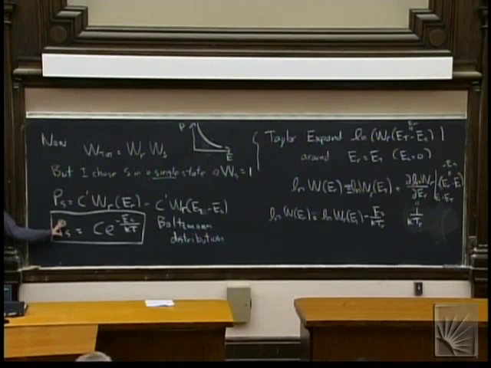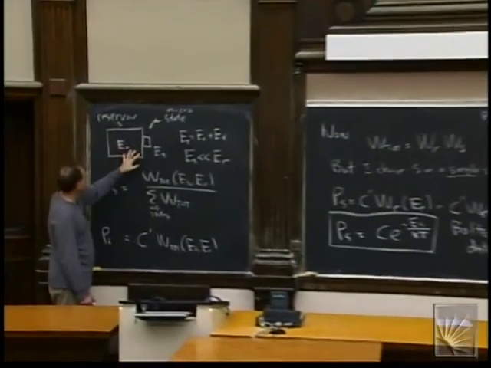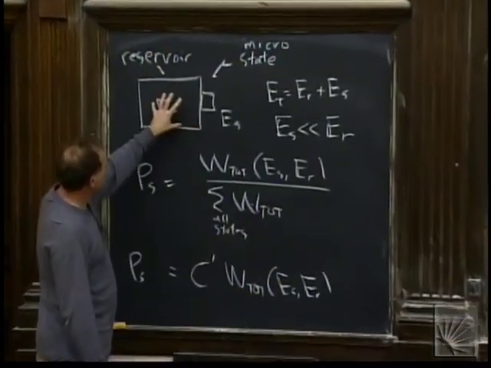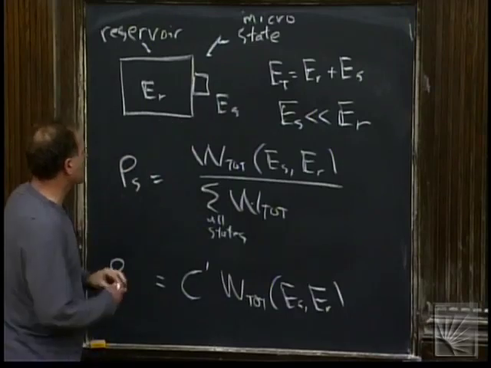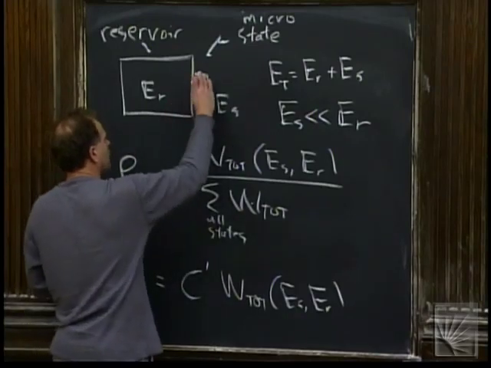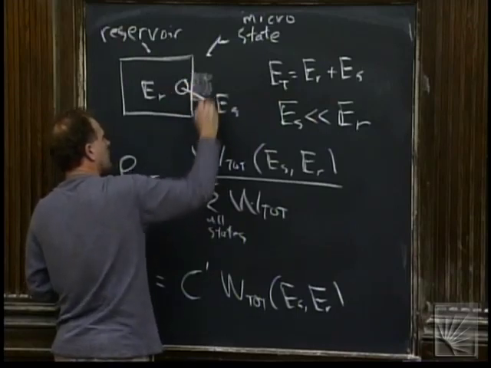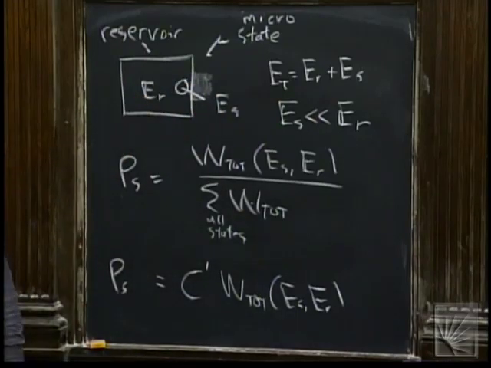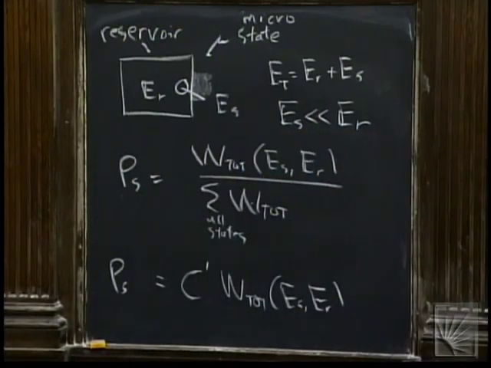The way I think of it, and I kind of said this before, but let me repeat: I draw this diagram of these two systems, but I really want to think of this as just being a part. Let me change the picture a little bit. I'm going to look at some part of that system, and in fact, I'm going to look at a single particle in that system.